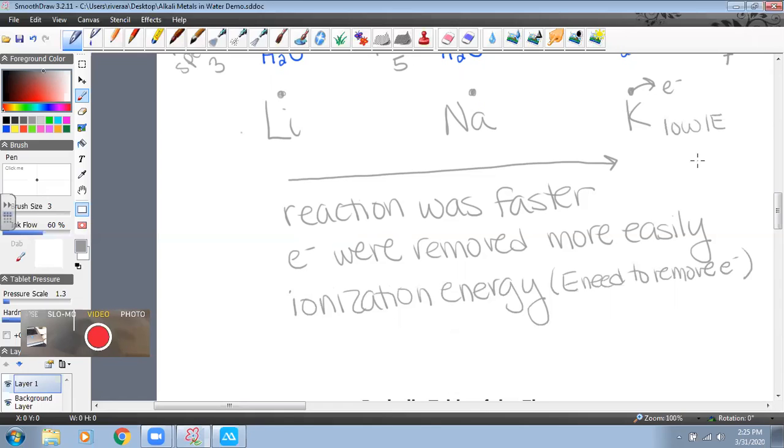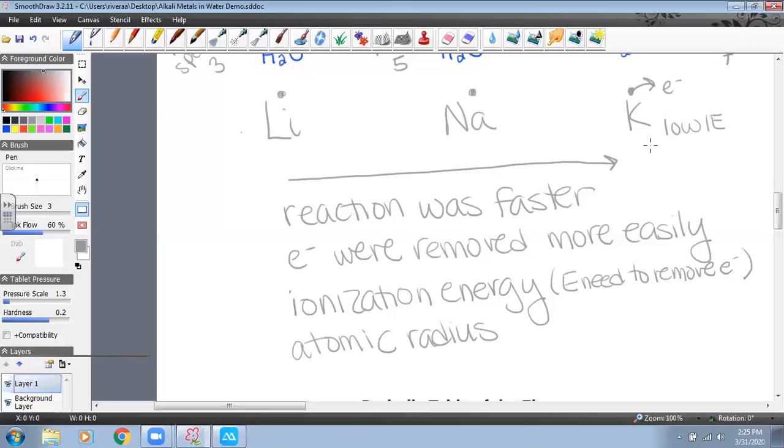And then your next question must be, well, why? Why does this have a low ionization energy? Why is this electron easy to remove? It's because potassium has a very big atomic radius. Those electrons in potassium are really far away from the nucleus. They're in that 4s orbital.